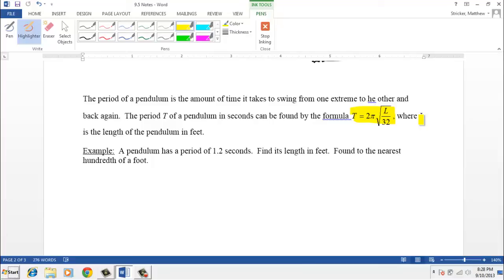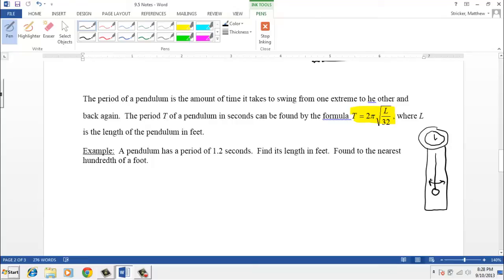By the way, if you don't know what a pendulum is, which could be the case, a lot of times they happen on old grandfather clocks. You have this clock with an hour hand and a minute hand, and it has this little case down below, and usually there's this arm that extends down with kind of like a little ball at the end, and it swings back and forth, and that's what helps keep the time.